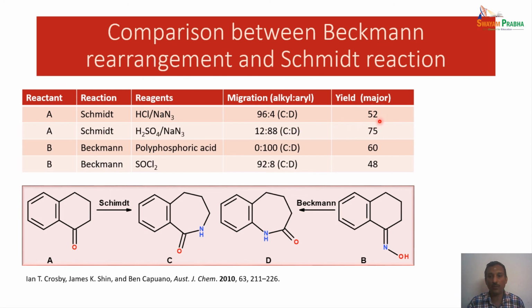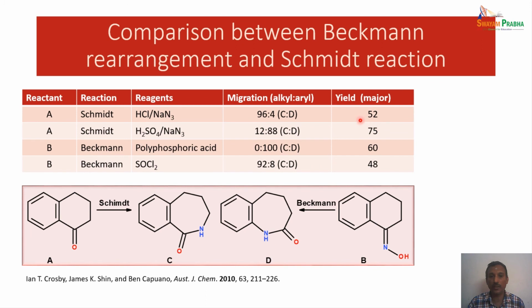And if you look at the major product, in the case of HCl, we only have 52% of the product, whereas in the case of sulfuric acid, we are getting 75% of the major. That is, the C isomer is formed exclusively in the HCl condition with 52% yield, whereas the D isomer is formed in 88% with an isolated major yield of 75%.